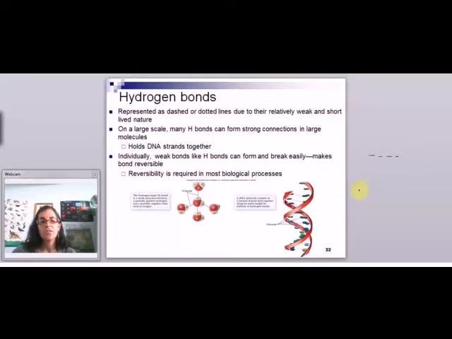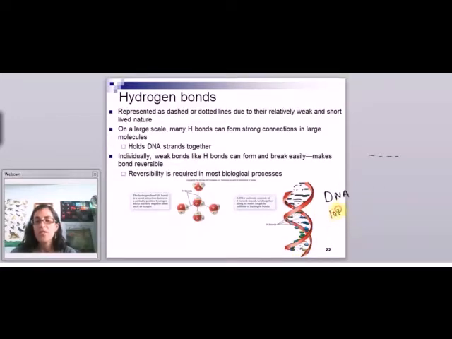Even though hydrogen bonds are weak and short-lived, if you have lots and lots of them, they can be very strong. So this molecule here is DNA, and all running down the center of this DNA molecule, and I should have drawn hash lines there, you have hundreds and thousands of hydrogen bonds.